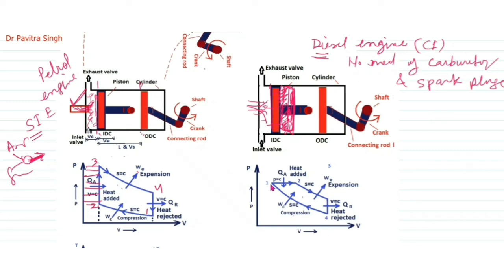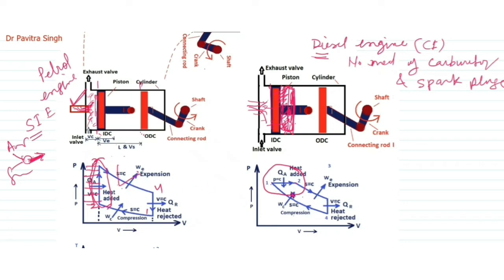So the volume increases from 1 to 2, but during this shifting of the piston the pressure is constant. This was the basic difference between the heat addition process in the CI engine and in the SI engine, and the remaining part will be the same.